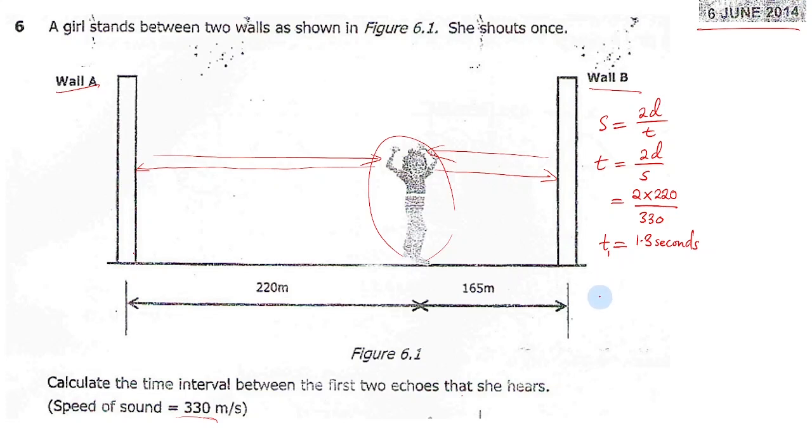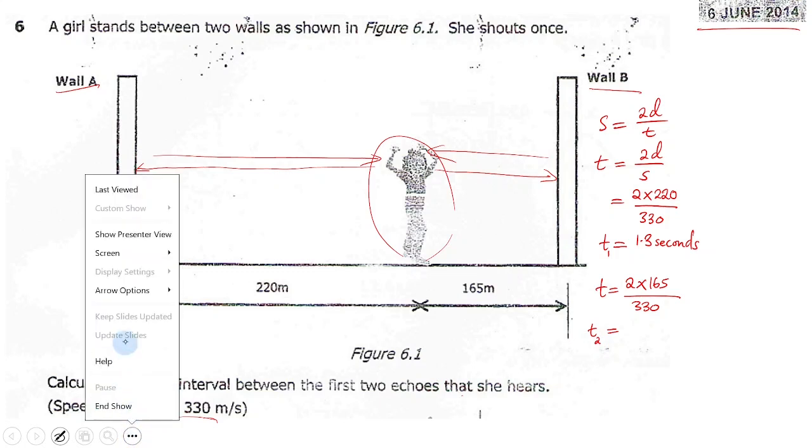Then another time is going to be the same, 2 times now this distance 165 divided by the same speed 330. This will be time 2.